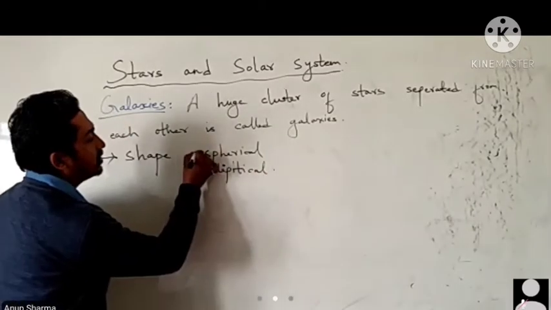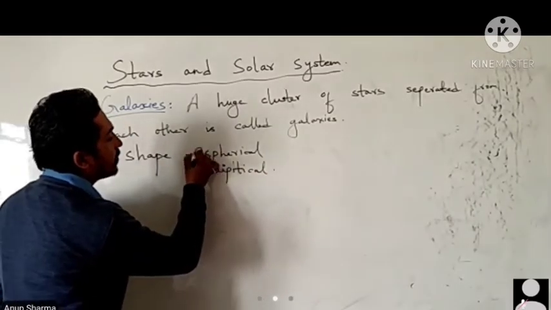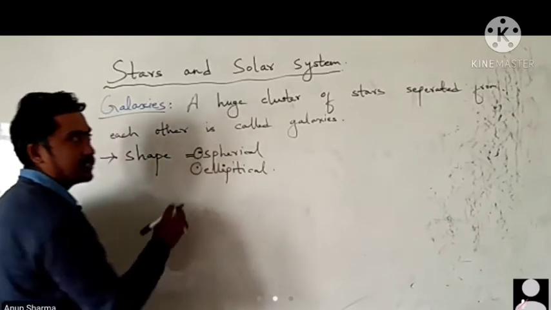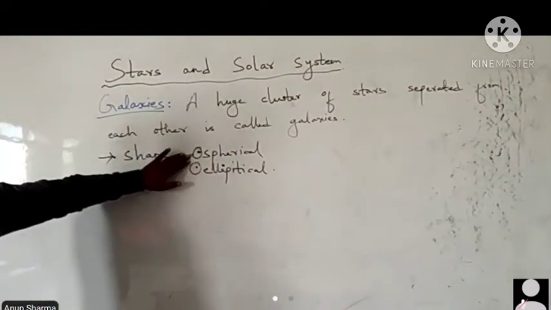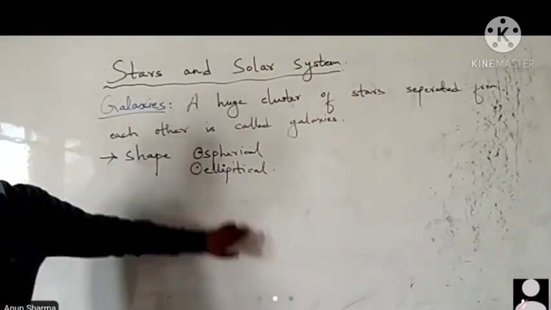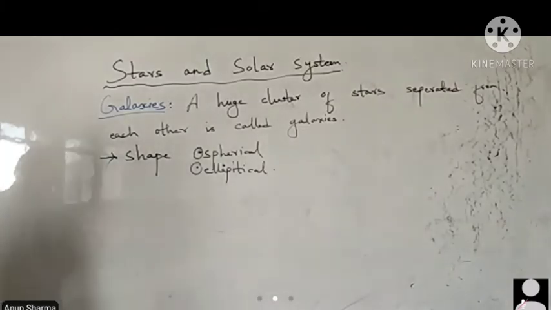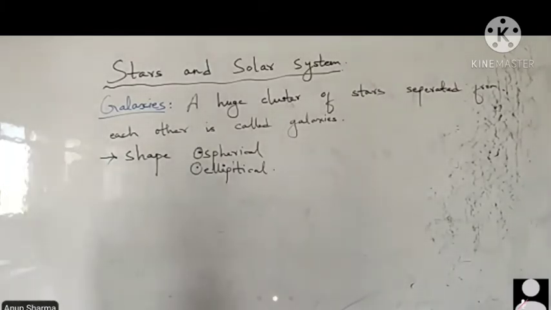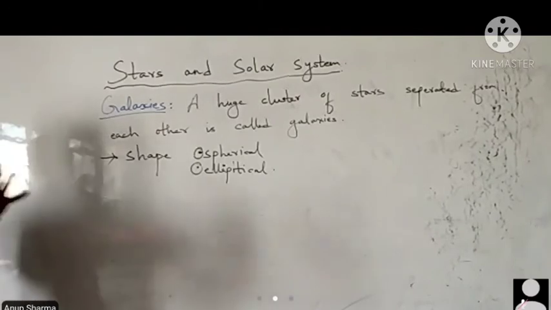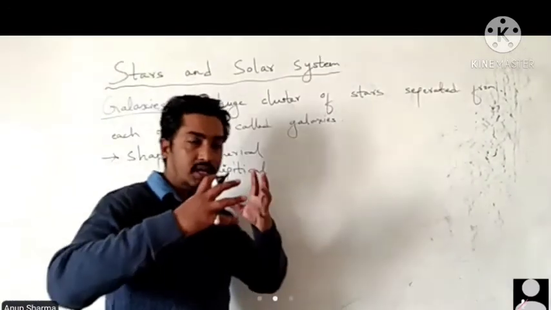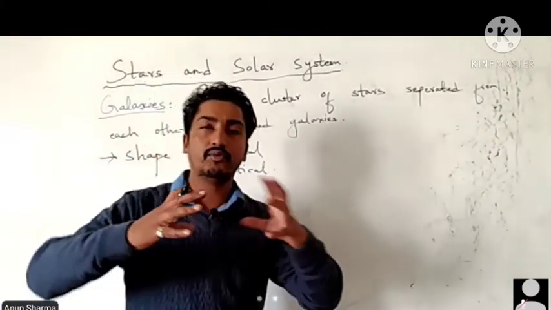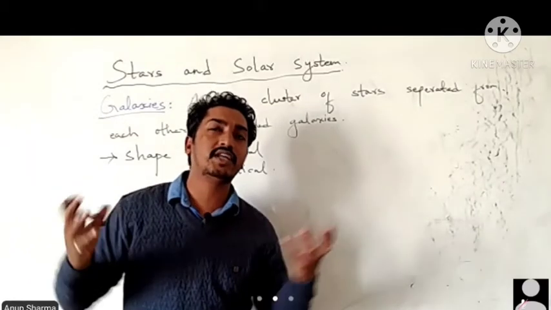These are the shapes of galaxies. Mostly we find spherical galaxies and elliptical galaxies. The galaxies are moving away from each other, that means they are not fixed, they are moving away, but it is very negligible.